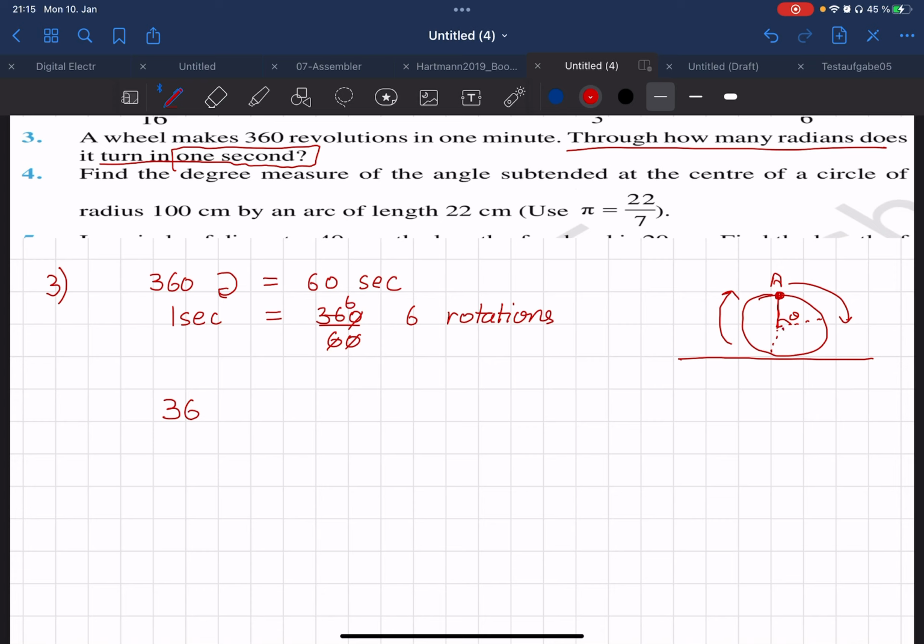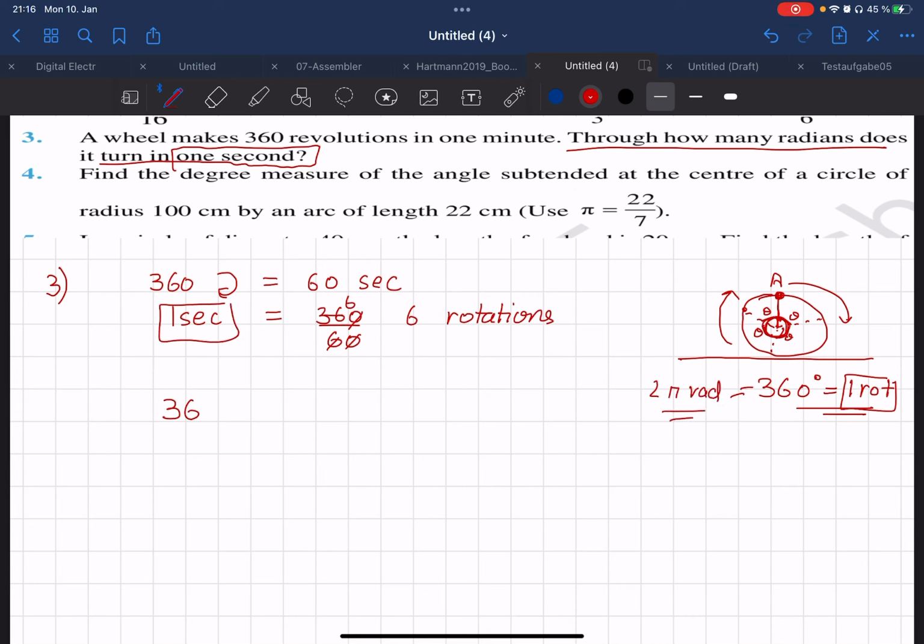Then it reached here, there was some theta, and then it reached again back. So you'll see it covered a circle basically. So the total angle it covered was 360 degree in one rotation, and we know one rotation, 360 degree, is 2 pi radians.